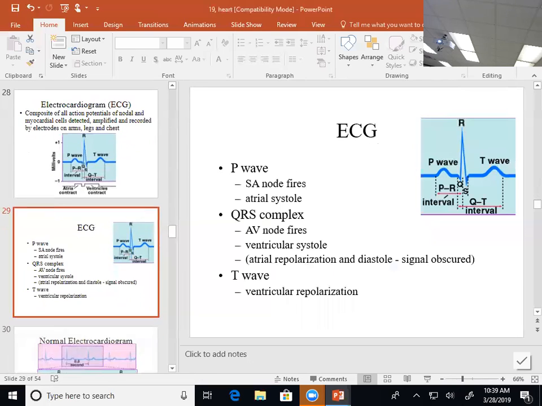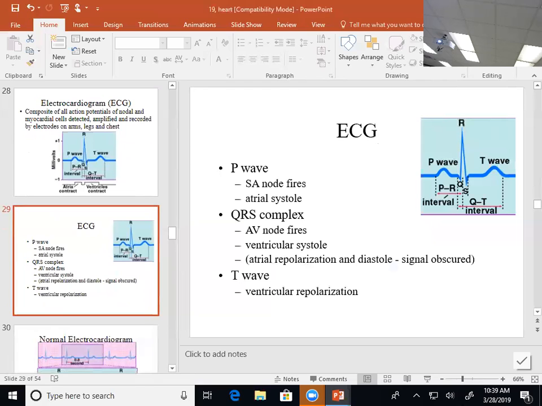Now let me tell you what they stand for, and this is where I think is the best slide. I don't know what number that is, but y'all could refer to it, number 29. I think this slide shows it the nicest, because we said that with every heart rhythm, boom, boom, boom, boom, with every one of those, we should see something that looks like this on an ECG.